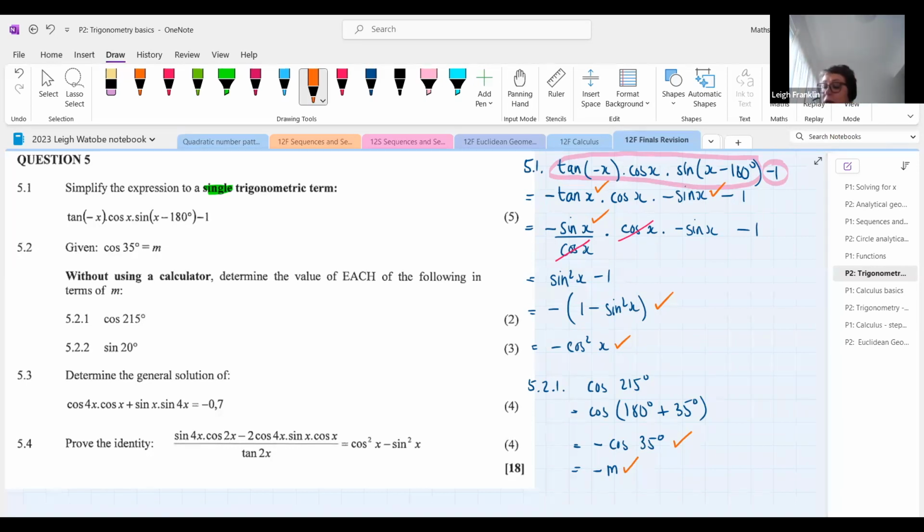This is now the sine of 20. So I'm going to let you guys think about that for a minute. How do you think we should approach this question? So we've got the cos of 35 is m, but they want the sine of 20. What do you think we should do? Any ideas?